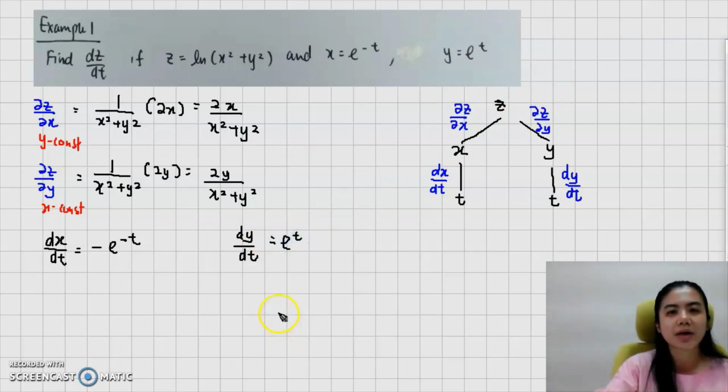Alright, now we're interested to find dz dt.